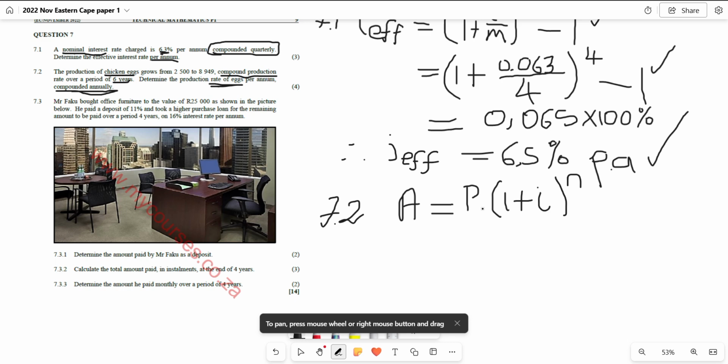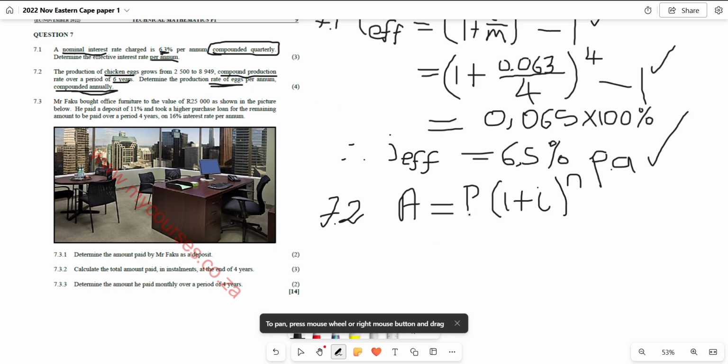We cannot allude that P is the principal amount. Remember, P only talks to principal amount when we are talking about borrowing and investing. And A cannot be the accumulated amount because in this case we are talking about the production of chicken eggs.